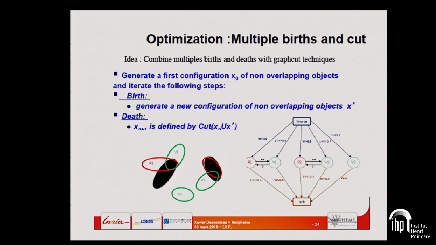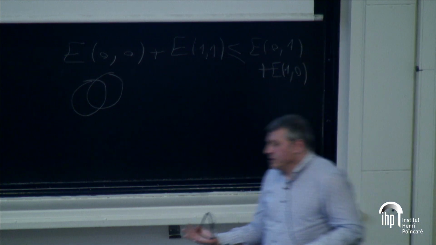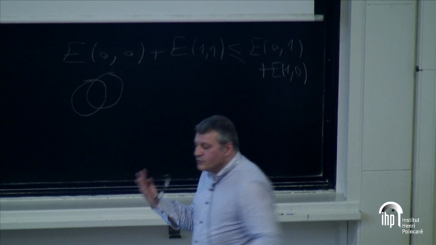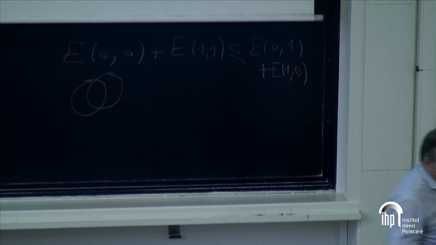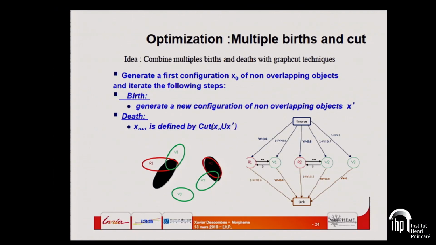Then we can get this kind of inequality. The main advantage, in computational time in practice, is not that it's faster than multiple birth and death, but you avoid all this simulated annealing, and for a lot of people it's very useful not to have to deal with this temperature parameter.